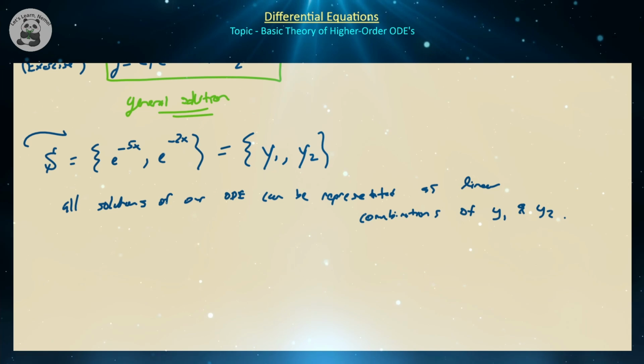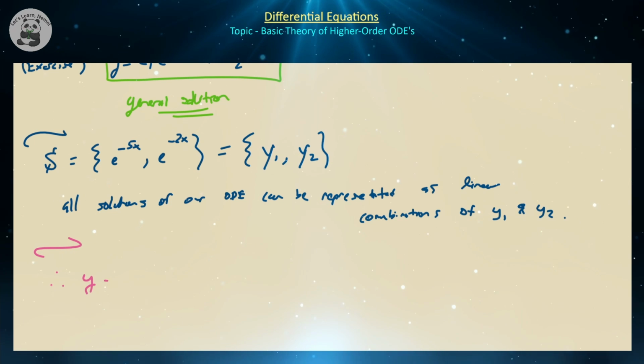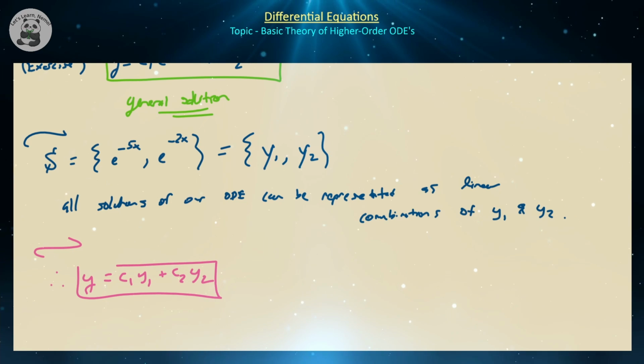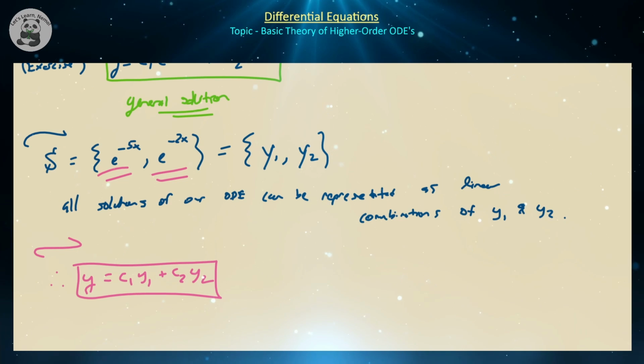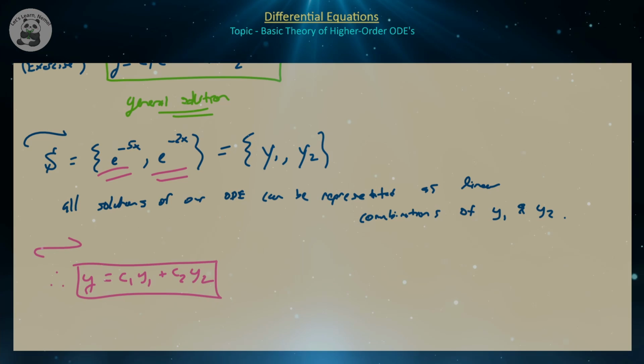Which means if you have any y that satisfies that, that means y can be represented as c1y1 plus c2y2. If you did take linear algebra in the past, you might need to show that, for example, y1 and y2 are independent vectors. But what does that mean in terms of independent functions or independent solutions? We'll get to that a little bit later, but this is actually something interesting to think about while we're beginning our journey through higher order differential equations.